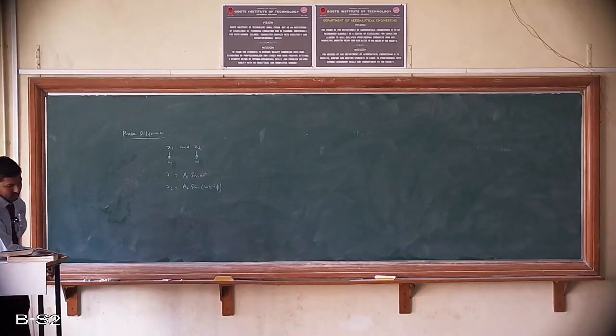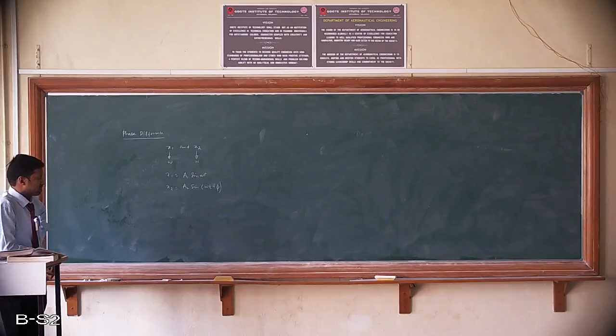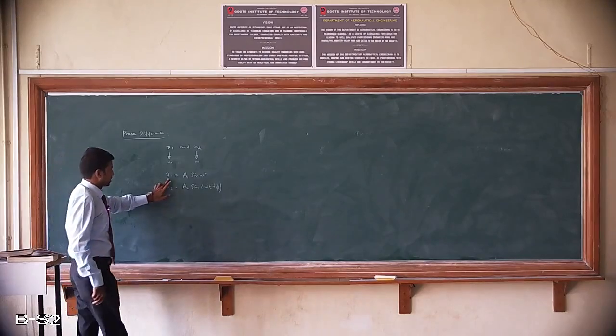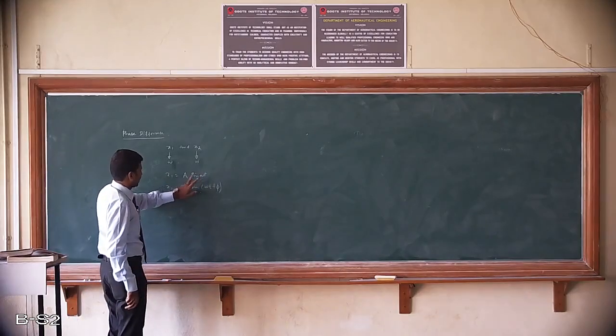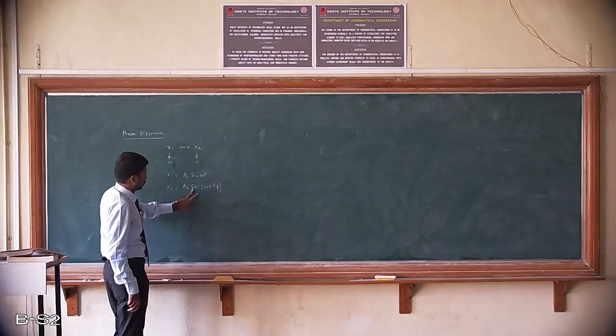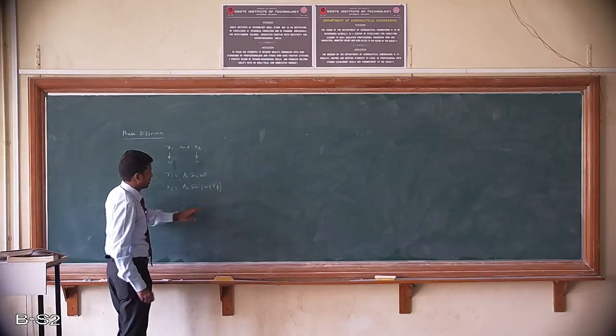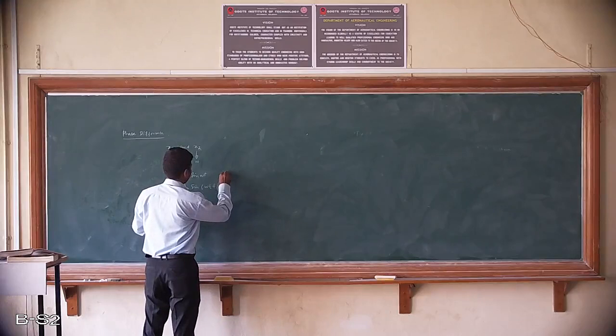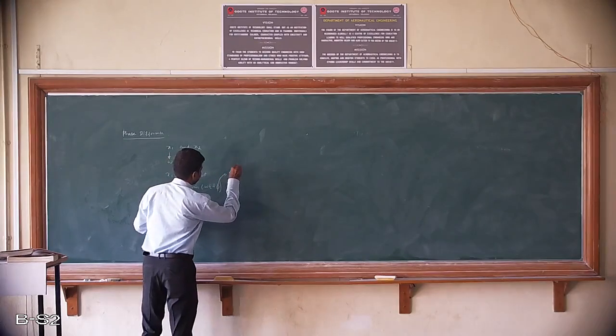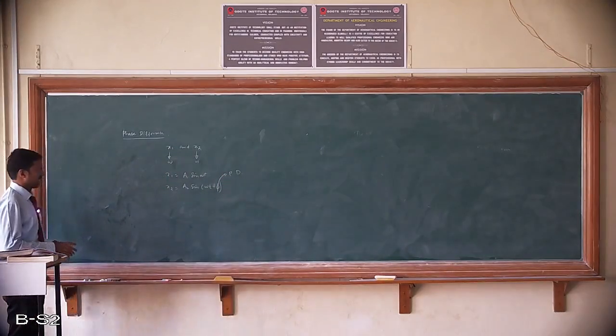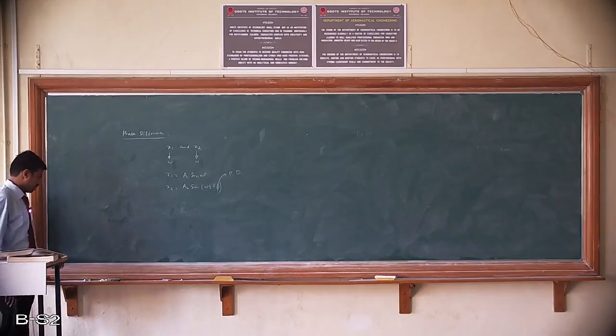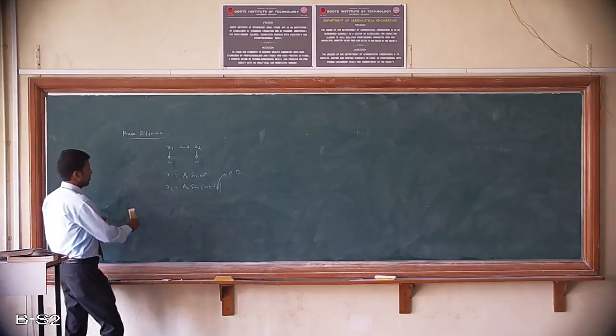Then the vibrating motions are represented by x1 is equal to a1 sine omega t, and x2 is equal to a2 sine of omega t plus phi. This phi is known as the phase difference. This is the basic definition of phase difference.